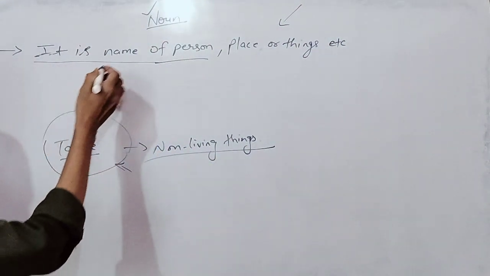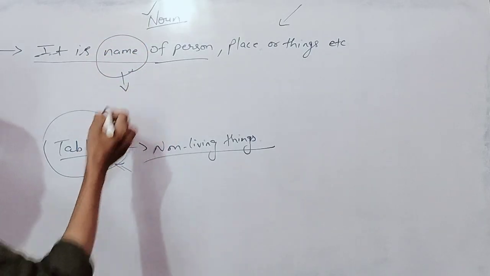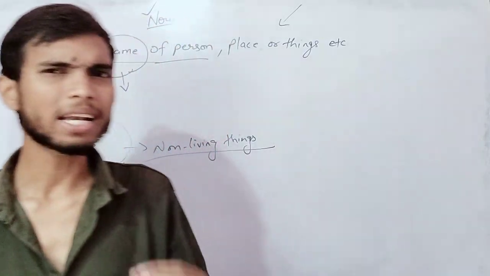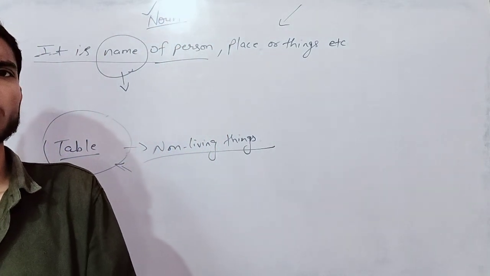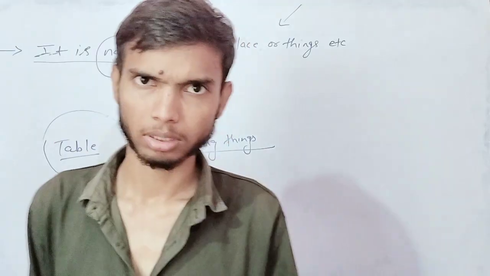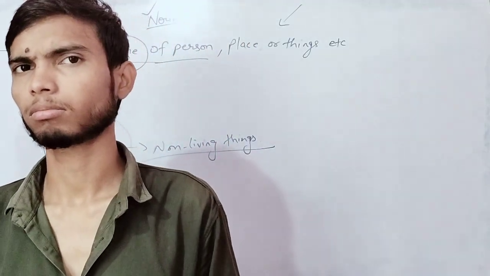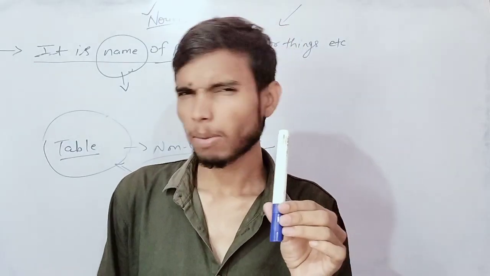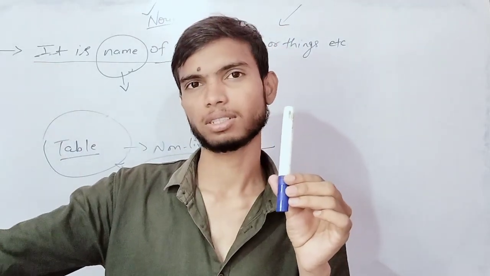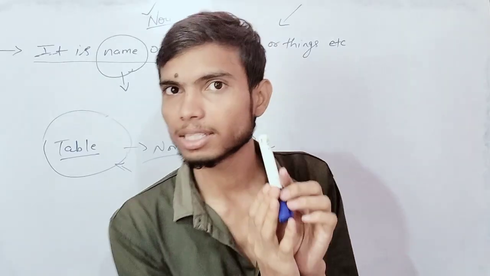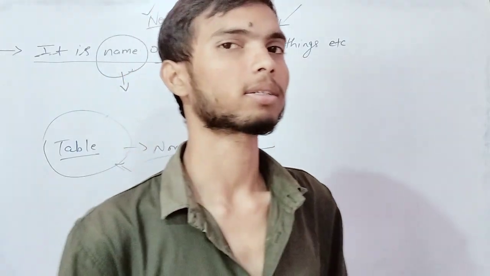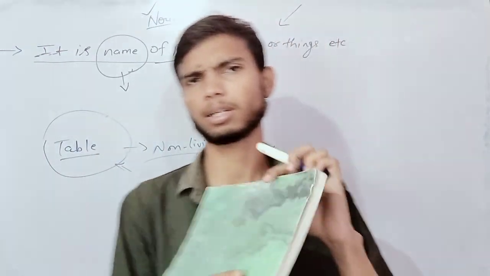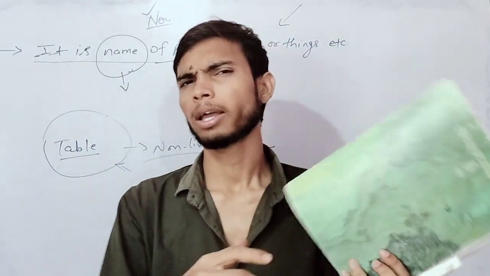So here, remember name. It is a name. Whatever you can name of anything will be noun. For example, this is a thing. We know. But name of this thing is what? You would say marker. Okay, let's take this.